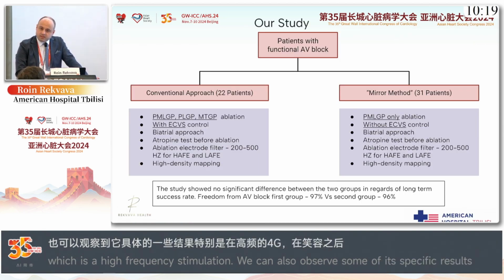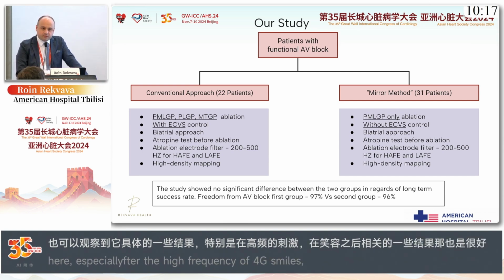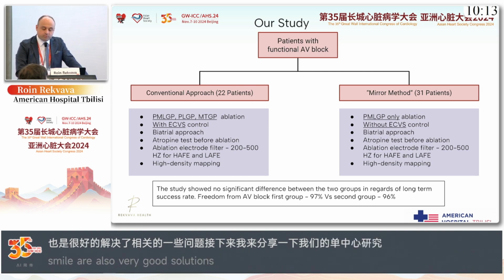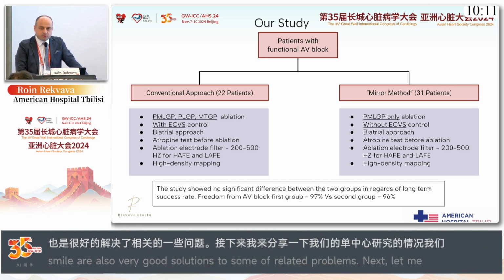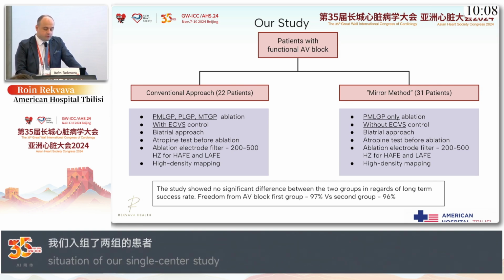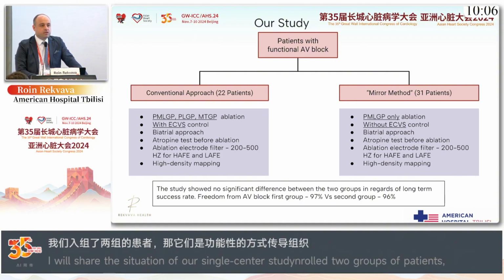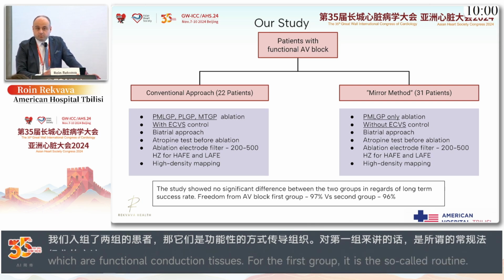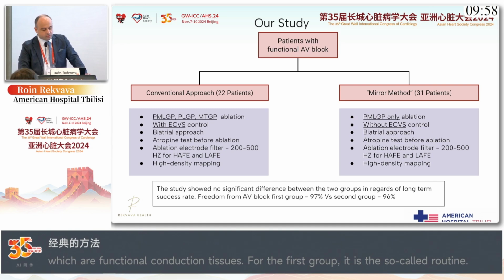So let me tell you about our single center study, where we enrolled two groups of patients with functional AV block. The first group was the so-called conventional approach, the classical approach that the vast majority of authors are using.